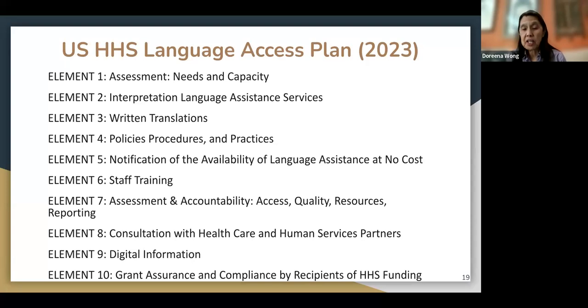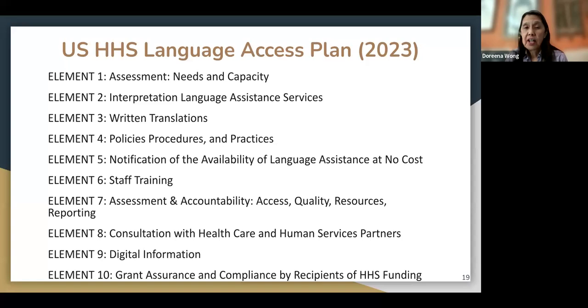The staff has to be trained so they understand the language assistance services and procedures. And in terms of digital information, I did just want to point out that the use of machine translations and artificial intelligence applications like Google Translate has to be verified by a qualified human translator before the content is approved.